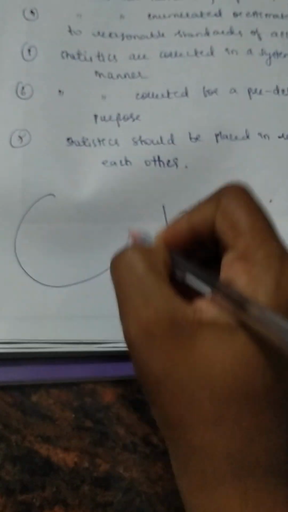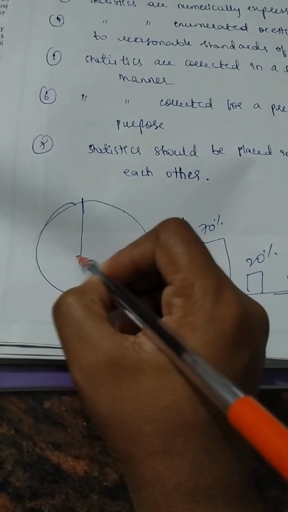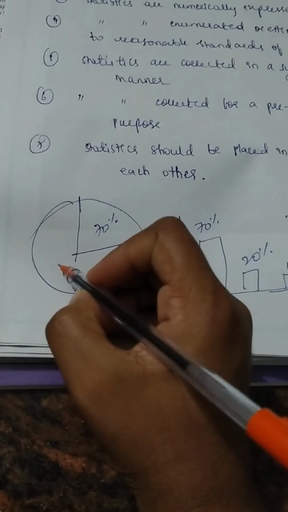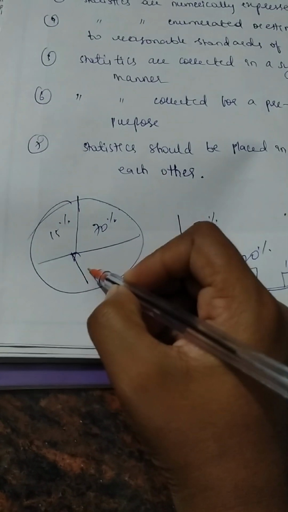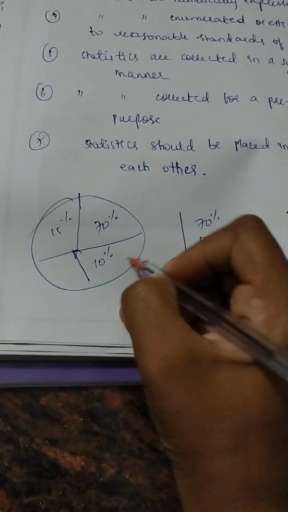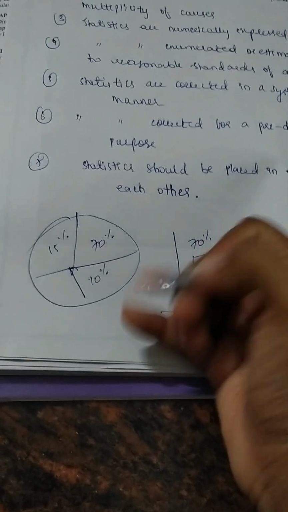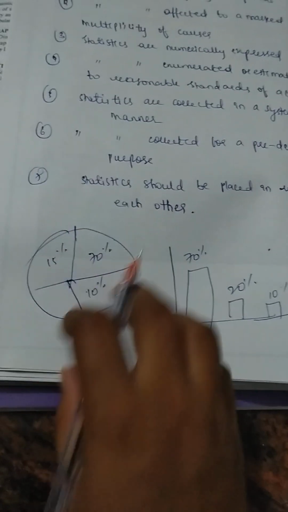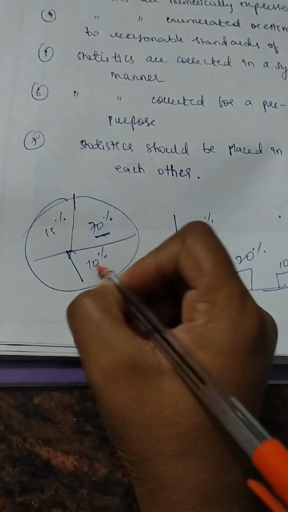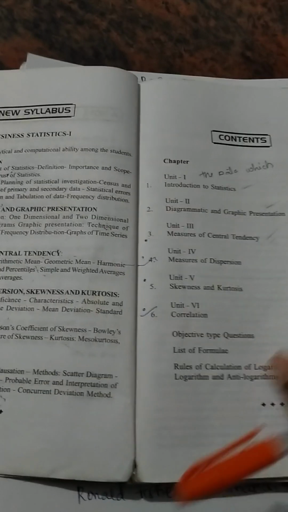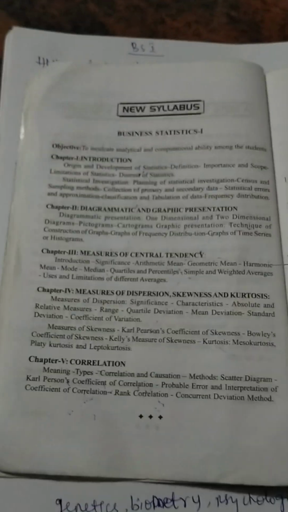Taking the example of a pie diagram of 360 degrees, 70% of people died of COVID, 15% were affected, and the remaining 10% recovered. So by looking at the numbers only we are getting information. It is not like reading paragraphs together and analyzing what you have observed. That is not there in statistics.